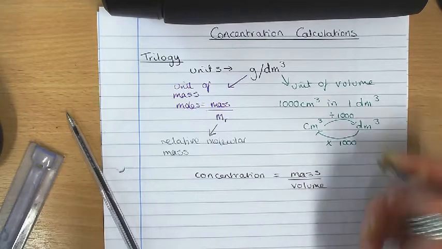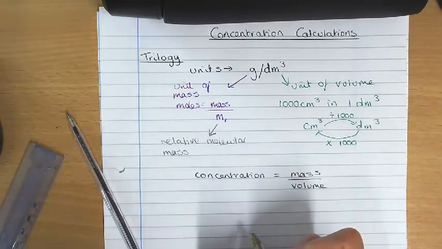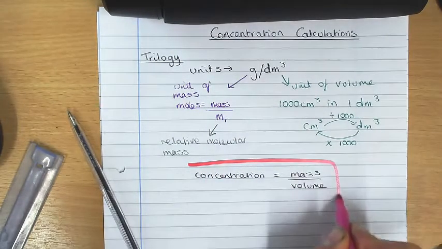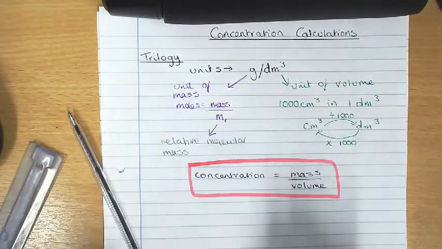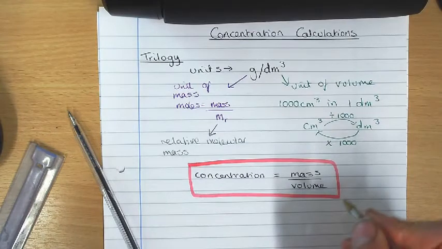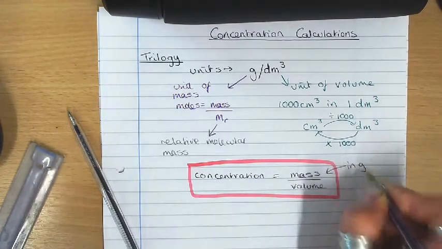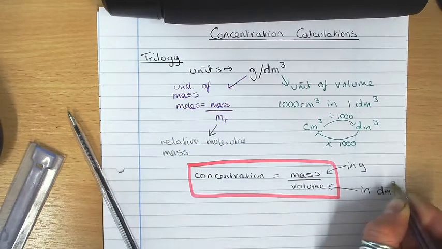If you look at units, that tells you that is your formula. That's the formula that you have to remember if you're doing trilogy science and trilogy science only. The mass has to be in grams, and the volume has to be in decimeters cubed.